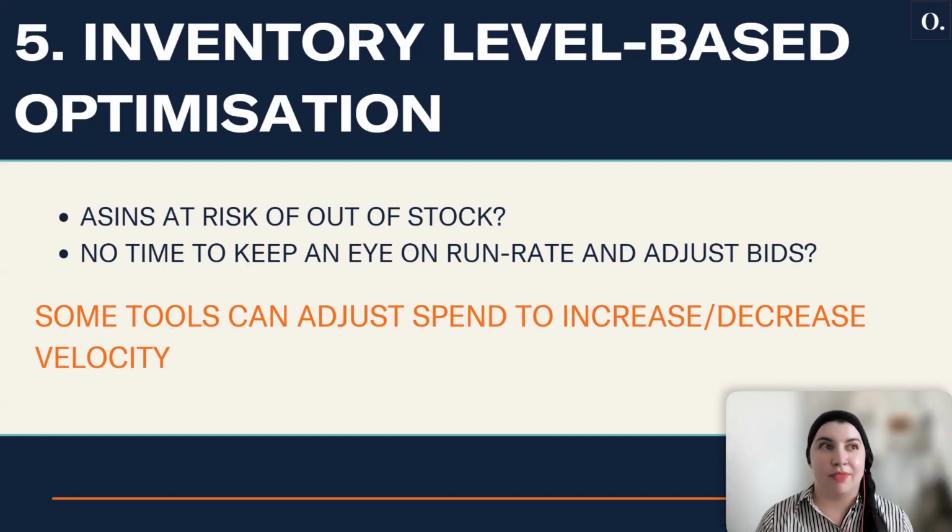As very well-oiled machines, these tools will take into account not only the target ACOS that you have provided as a parameter, but also the likelihood to run out of stock. If that is likely to happen, the tool will reduce spend on all of the campaigns that contain the affected ASIN, and they will make sure that you have enough stock coverage until the next shipment reaches the warehouse.